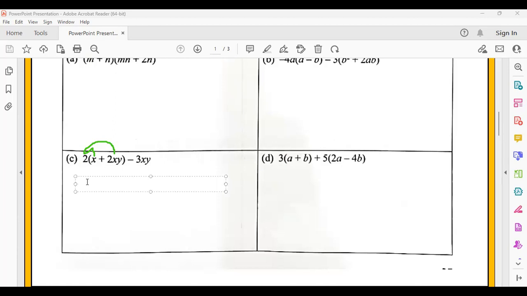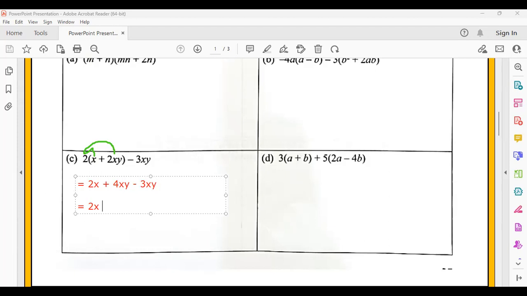So this is going to be, start with an equals. I'm going to type here 2 times x, you get 2x, plus 2 times 2, you're going to get 4xy, and then minus 3xy. That's it. But that xy, xy can be combined. Now I'll have 2x, it's like a positive 4 minus 3.